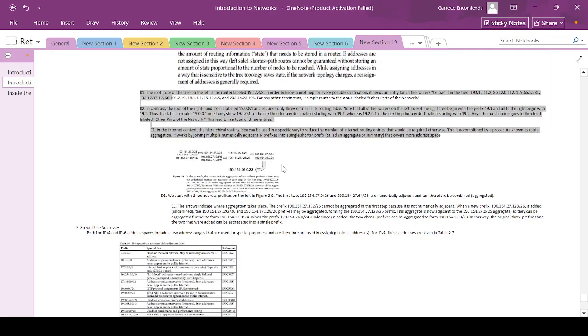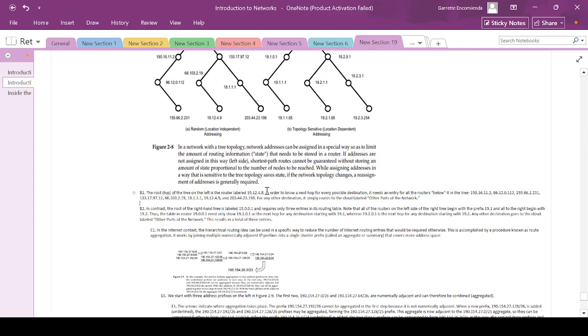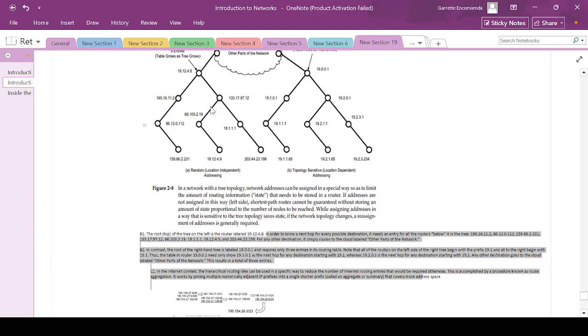The root or top of the tree on the left is the router labeled 19.12.4.8. In order to know a next hop for every possible destination, it needs an entry for all routers below it in the tree, like 190.16.11.2 here.